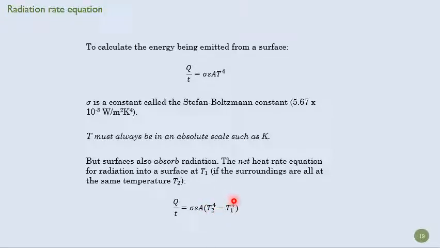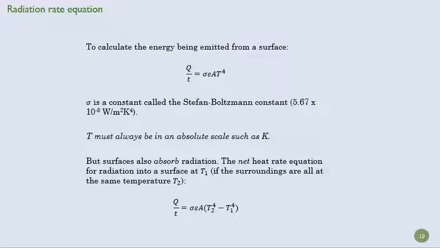So if our surface 1 was 100 degrees Kelvin and our surface 2 was 200 degrees Kelvin, we would expect the thermal transfer to be positive, right? So this number will be smaller and this number will be larger. Again, it's really easy in a physical situation to figure out which direction the thermal heat is flowing because it's always going from the hotter surface to the colder surface.